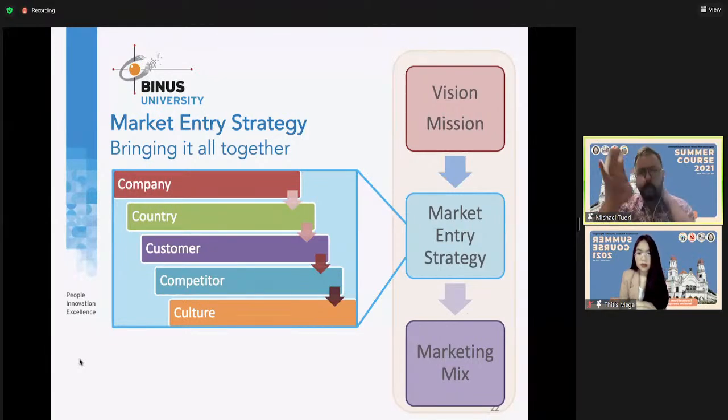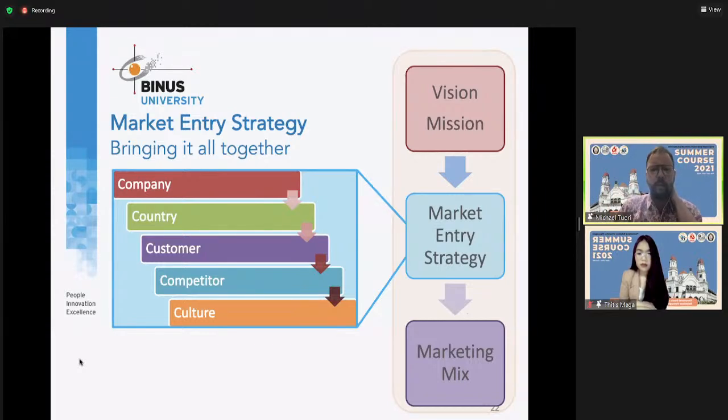So you use the market strategy to influence your marketing mix, and then you go make all those smaller decisions, but you want to make sure they all align to what you've decided in these 3 phases.